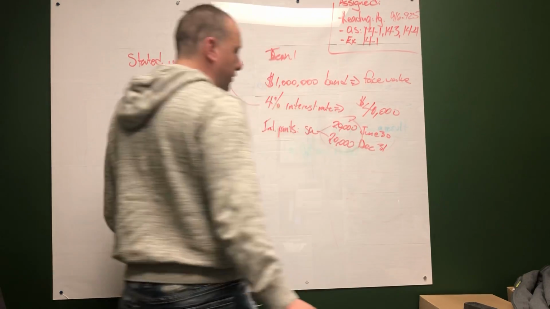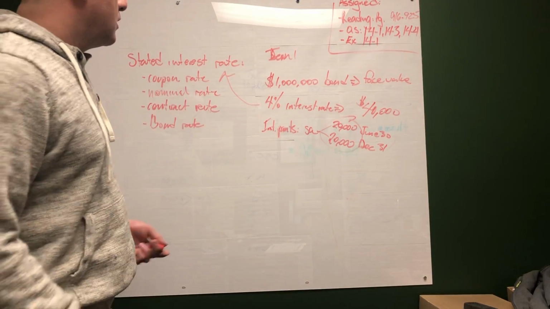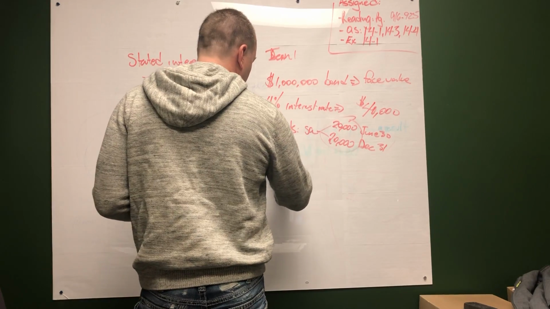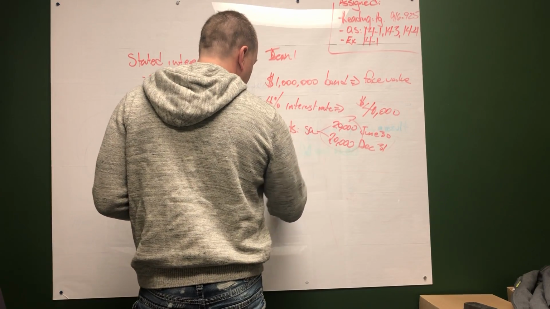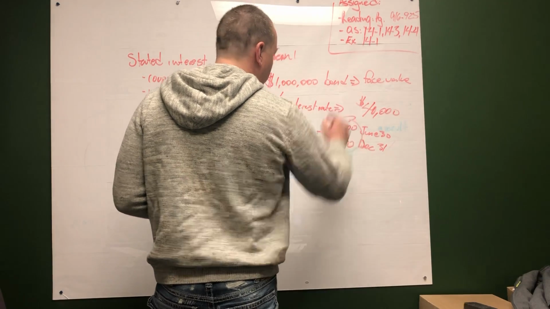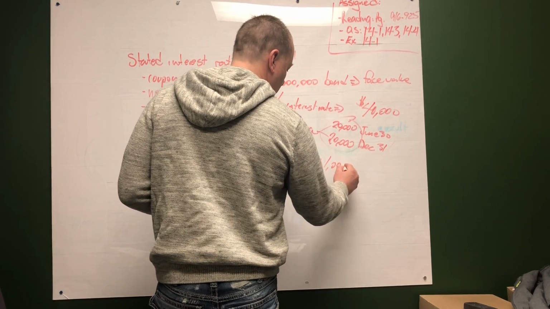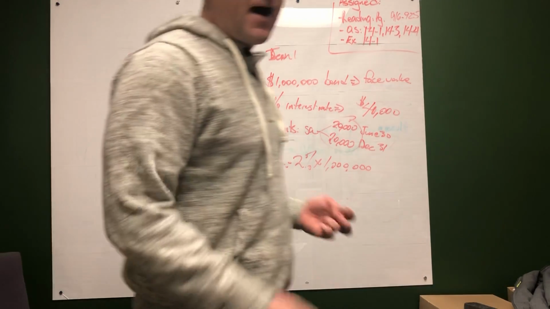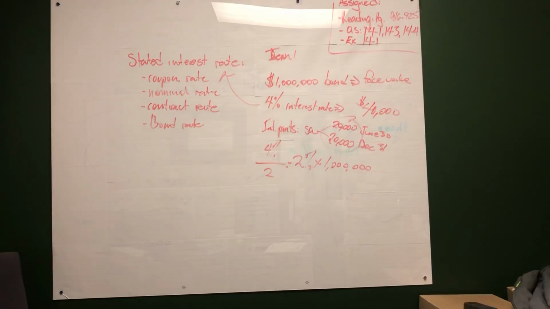Notice the total's $40,000. Okay, but since we're paying a semi-annual interest payment, we take the 4% divided by 2, which gives us 2% times the face value of the bond. Okay. So that's how bond interest rate calculations work.